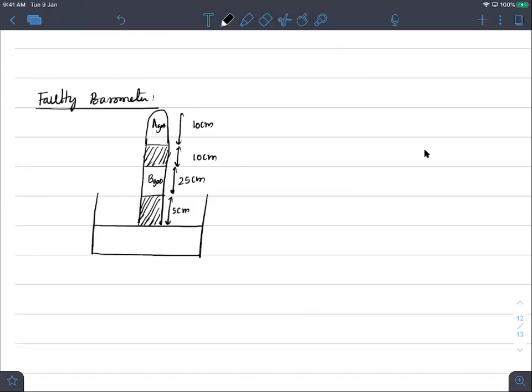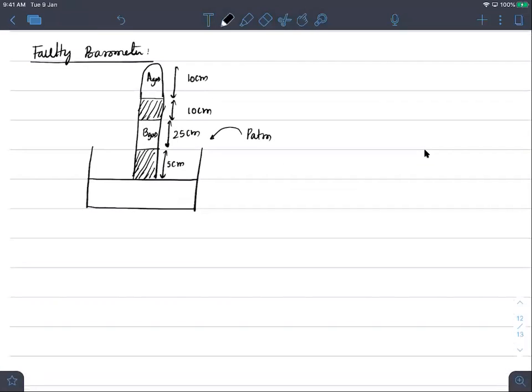Clear? Outside pressure is P ATM, pressure in ATM. Now we need to find out the pressure of the gas in both the sections, pressure of gas in A and B. What will be the pressure of gas in A and B? Clear, everyone? Can you try this once?